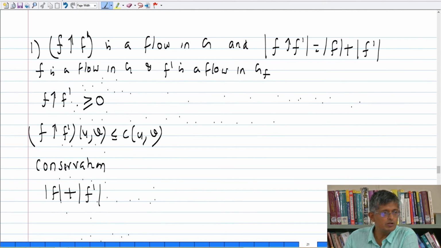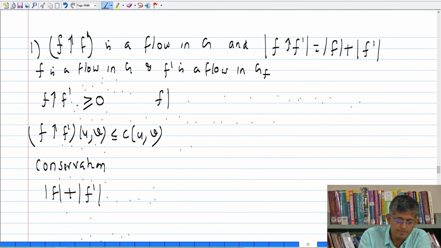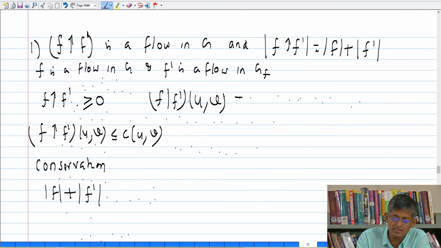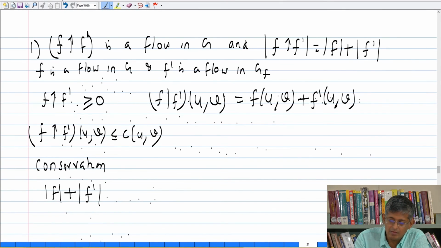I'll just give you a flavor of what kind of algebra you should do to complete these proofs. It's very easy, it just requires you to play around with the equations a bit. So let us write down the definition. You recall this is f of u comma v plus f prime of u comma v minus f prime of v comma u.